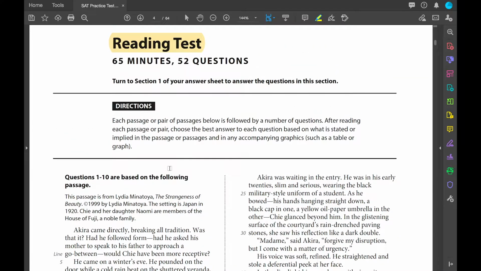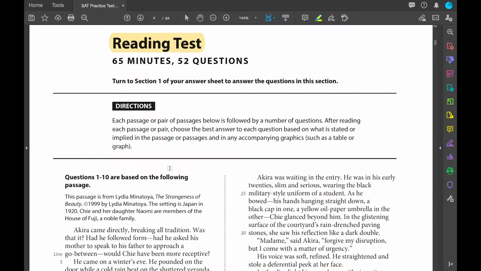We're on passage 1 from test 1 in your SAT books. This is on page 1196. If you wanted to follow along, 1196. And just to give you a background, you don't have to read the story yet, but we have three characters. We have Akira, who's a guy. We have Naomi, who Akira is trying to marry. She's a girl.